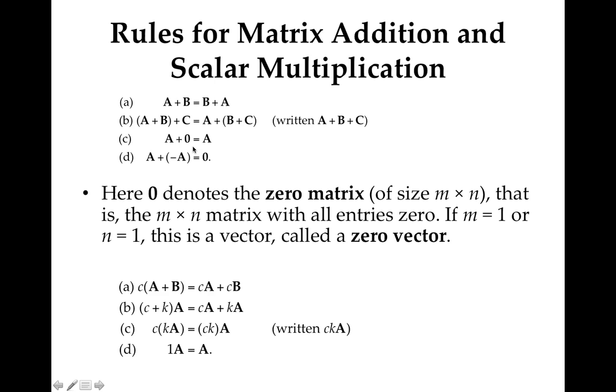It takes on size m by n, so that when it's added to A, it basically reproduces A. You can see that multiplication by scalar is distributive. It can be done in any order. And so the c and the k could be reversed, and that would not impact the outcome.